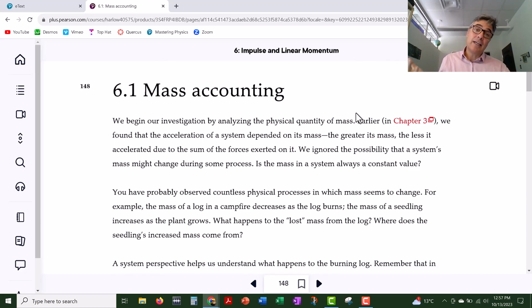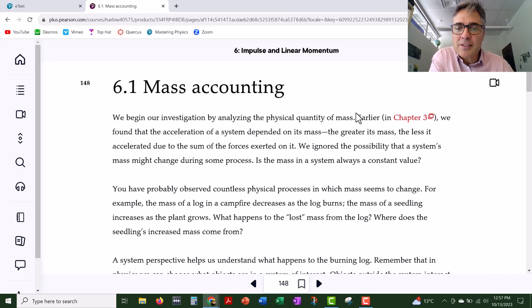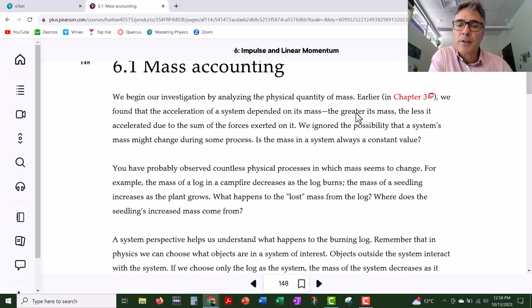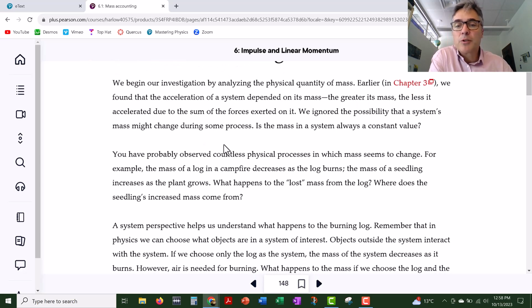The idea here is we're talking about conservation laws. This chapter is about linear momentum, so there's going to be conservation of momentum. I think they try to analogize this by asking you to think about conservation of mass. You've probably observed countless physical processes in which mass seems to change.